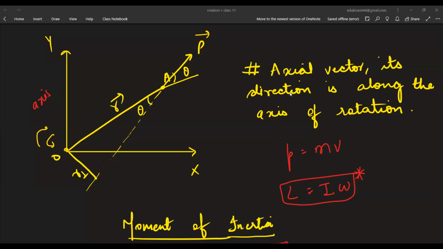Like, which term is replaced and put as moment of inertia I? Answer is there on the screen also.